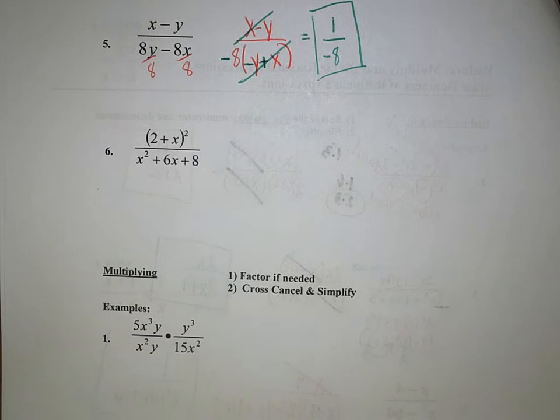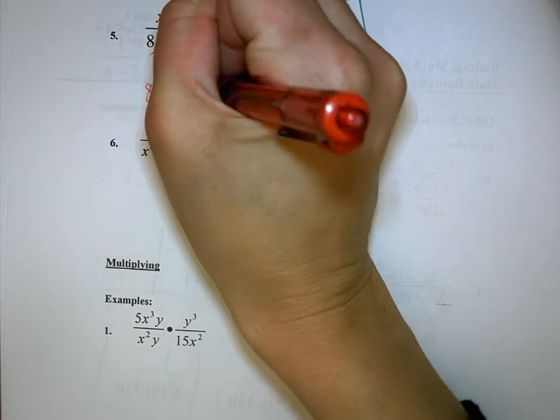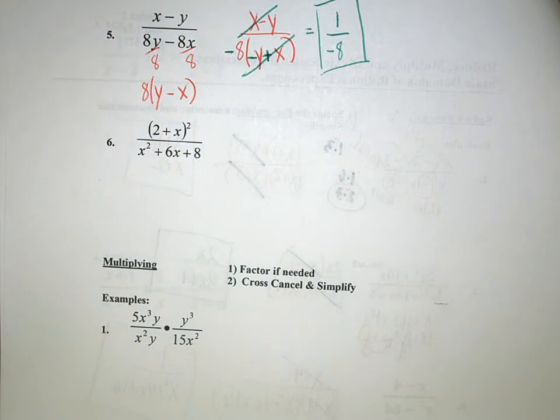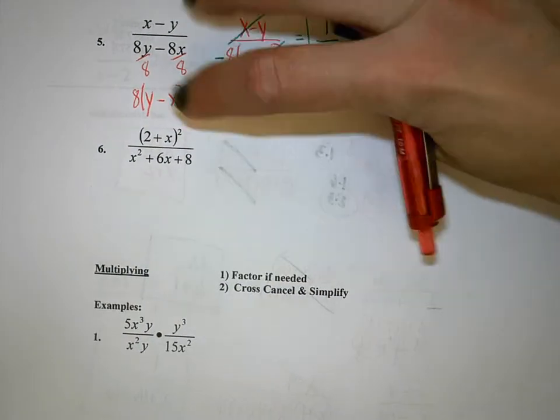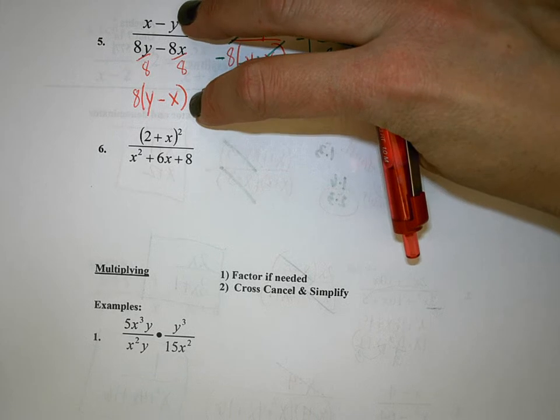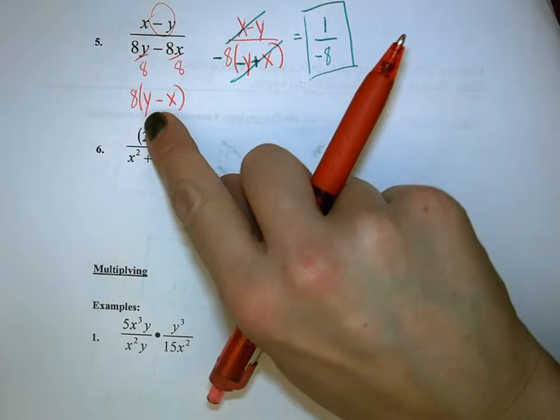Say that again. So remember when I originally factored this and I took out an 8, I just had y minus x. Y minus x and x minus y are not the same, right? So I was saying here, the y is negative here and positive here.